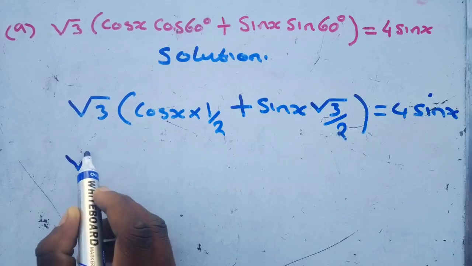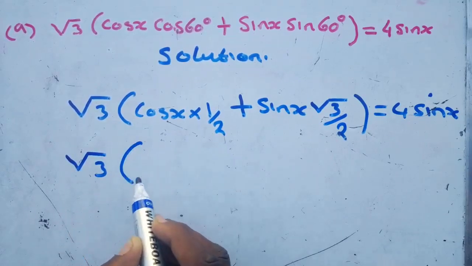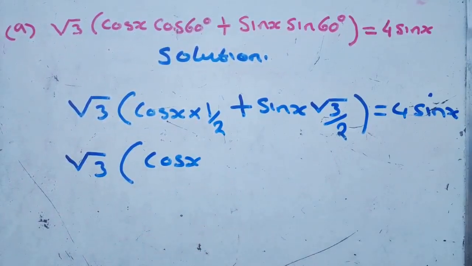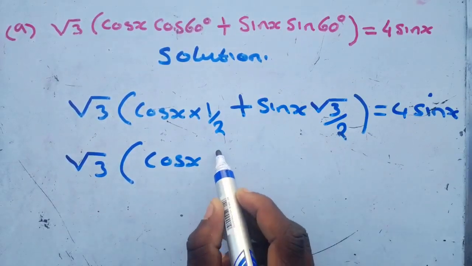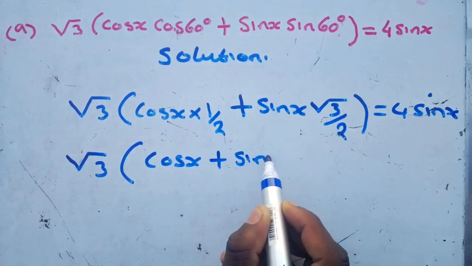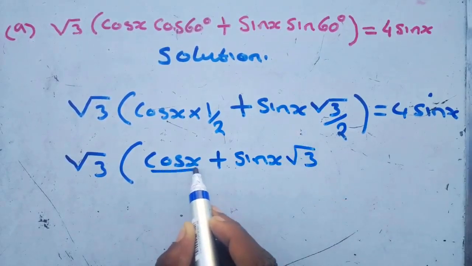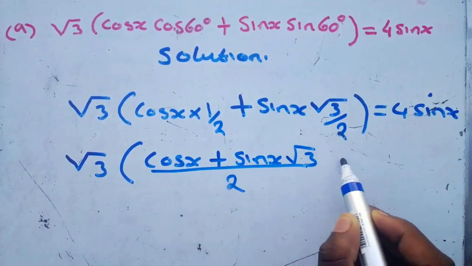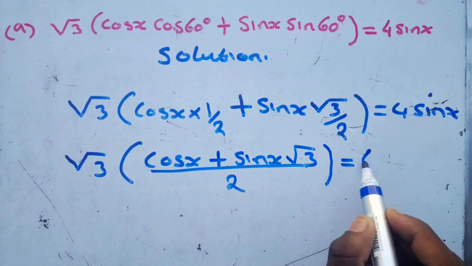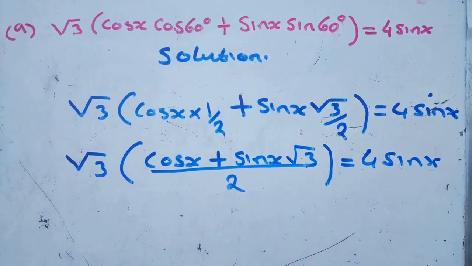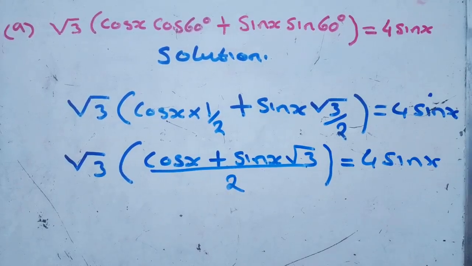So we have root 3 times cos x over 2, and we also have 2 here, so our common denominator is 2, plus sin x times root 3 over 2, is equal to 4 sin x. Having reached this stage, you can now cross multiply.